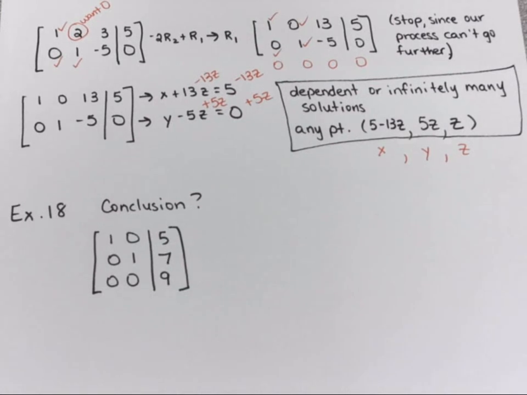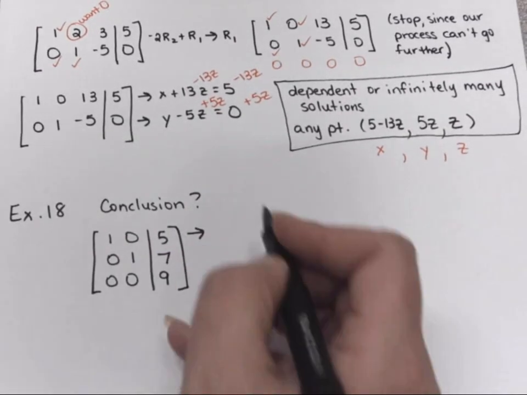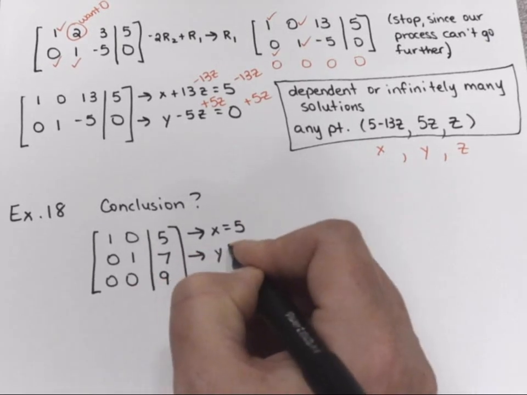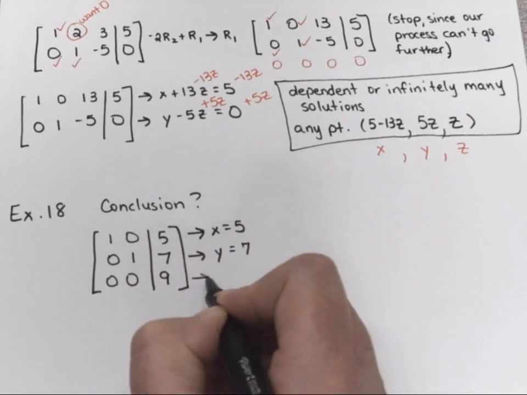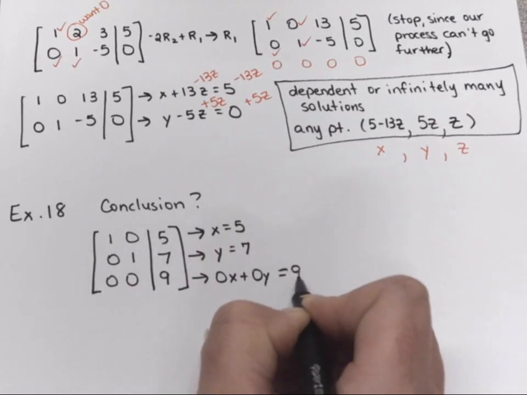Notice this one has more rows than it does columns, right? So it's not a square matrix again. So let's just start reading what the rows tell us. What does the first row tell us? X is 5. What does the second row tell us? Y is 7. But the third row tells us something that's what? Not possible?